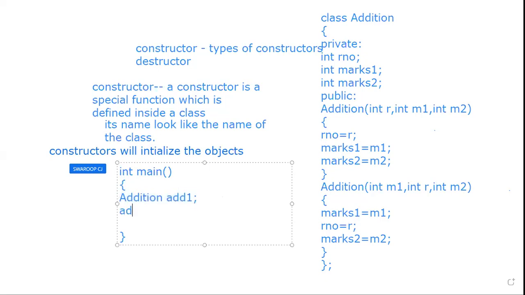That's why I will give the values here: 10, 67, and 65. So here 67 and 65 are the values for M1 and M2, and 10 is for the roll number. So this way you can call the constructors. So whenever you have created more than one constructor in the class, that we can call constructor overloading.